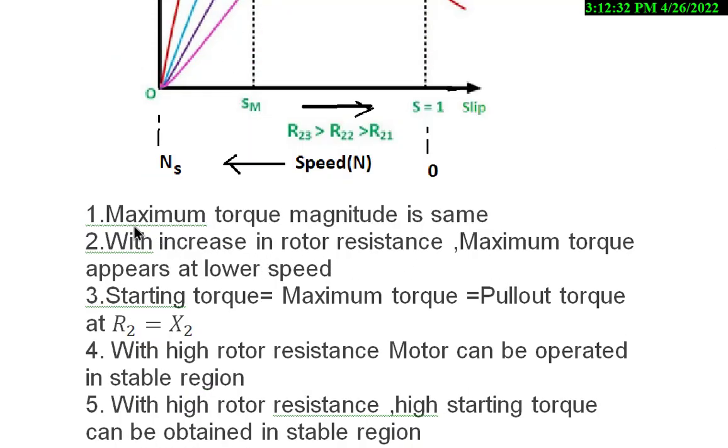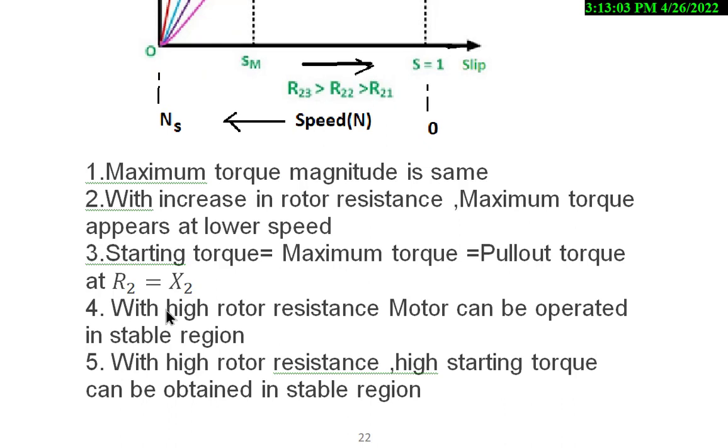So let us summarize the effect of the rotor resistance on the torque slip characteristic. Maximum torque magnitude is the same. With increase in the rotor resistance, maximum torque appears at lower speed, and this starting torque is nothing but maximum torque, that is also equal to pull out torque, and happens at R2 equal to X2.